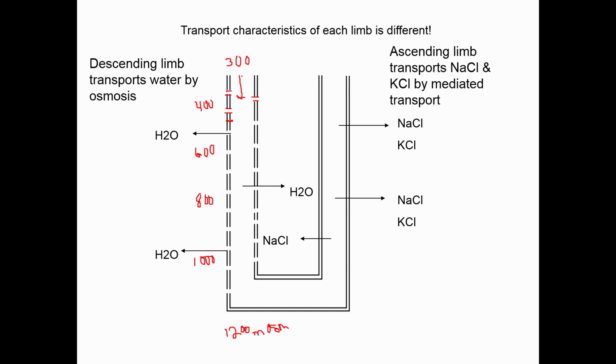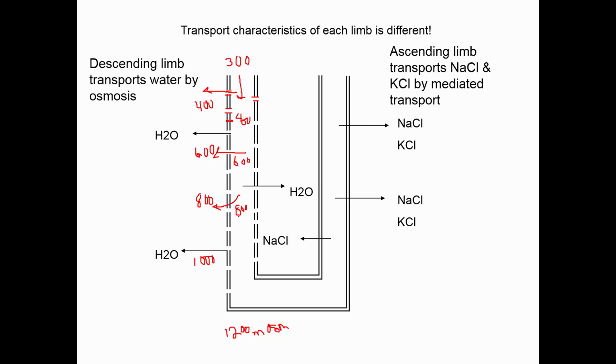Well, you have 300 milliosmolar filtrate surrounded by 400 milliosmolar interstitium, and water will leave by osmosis, making the inside 400. And now you have 400 milliosmolar surrounded by 600 milliosmolar interstitium, and water will leave by osmosis and become 600. And now you have 600 milliosmolar surrounded by 800 milliosmolar, and water will leave, becoming 800. Are you seeing a pattern here?